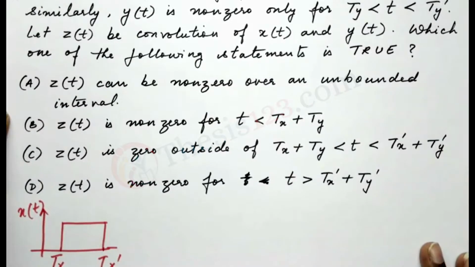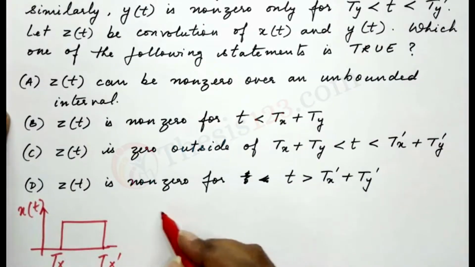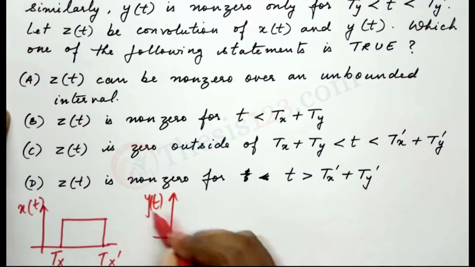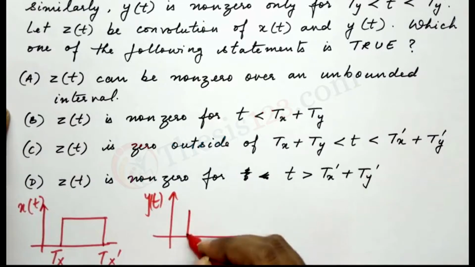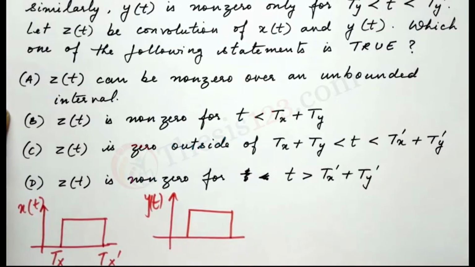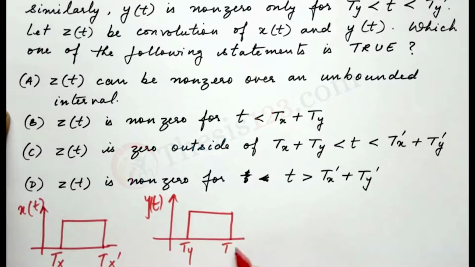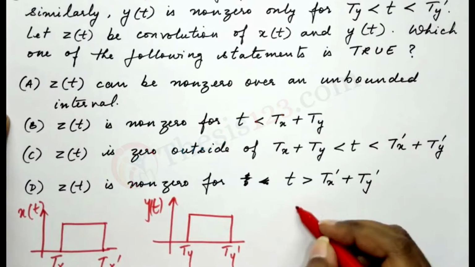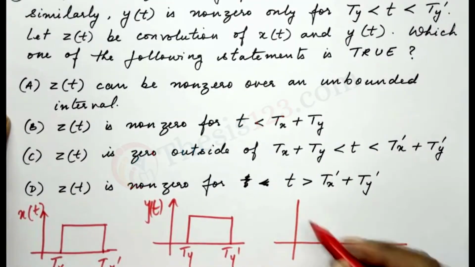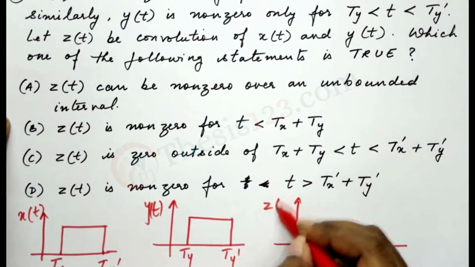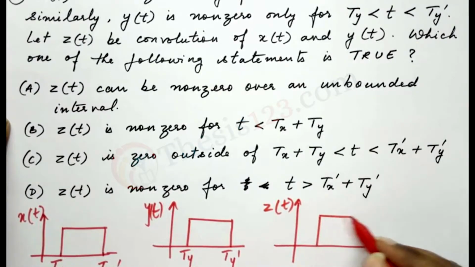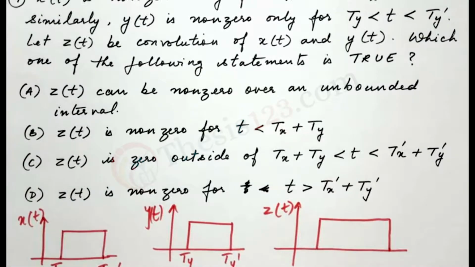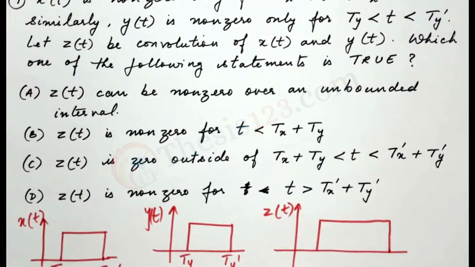Similarly, we can write down the graph for y of t. So for y of t, the function is non-zero at ty and ty dash. And we will have to find out the upper bound and the lower bound values for z of t. So in this case, it is the overlap or the convolution of the 2 functions x of t and y of t to give us z of t.